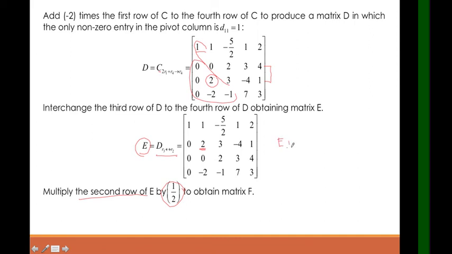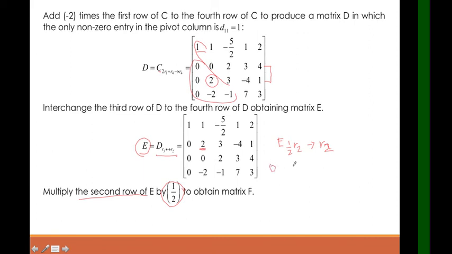E, 1/2 times row 2, resulting to row 2. The new row 2, no? So, that is 1/2 times 0 is 0, 1/2 times 2 is 1, 1/2 times 3 is 3 over 2, 1/2 times negative 4 is negative 2, and 1/2 times 1 is 1/2.